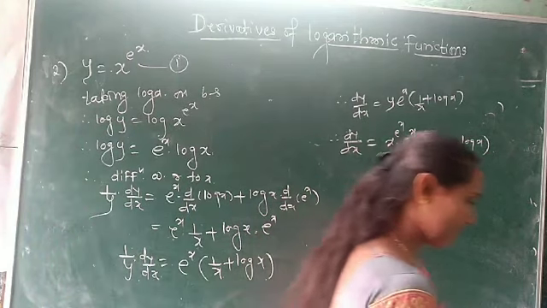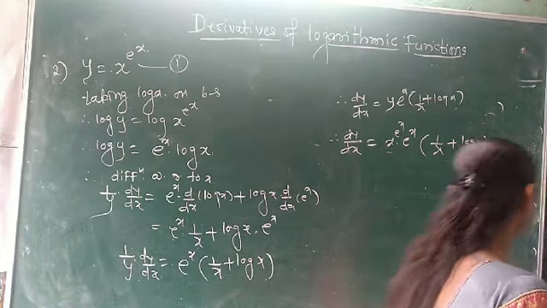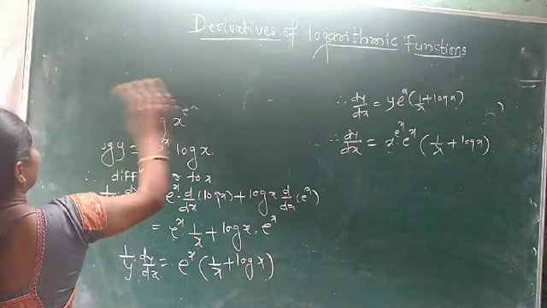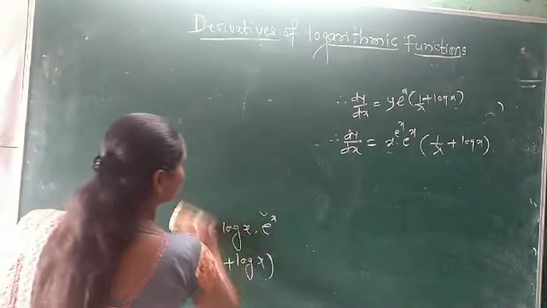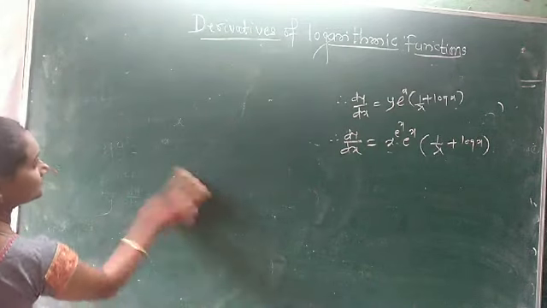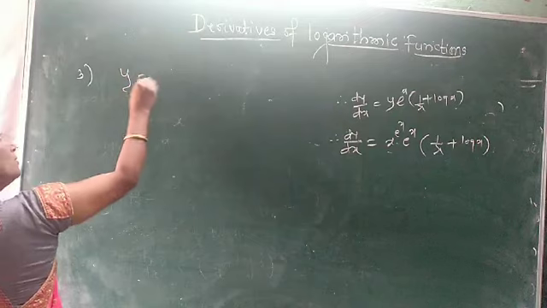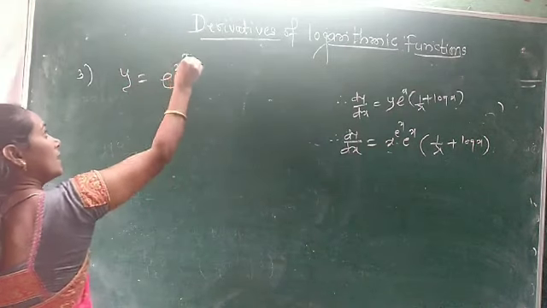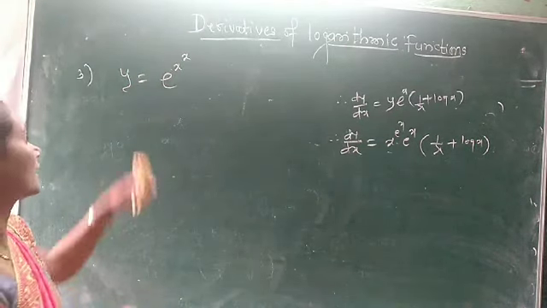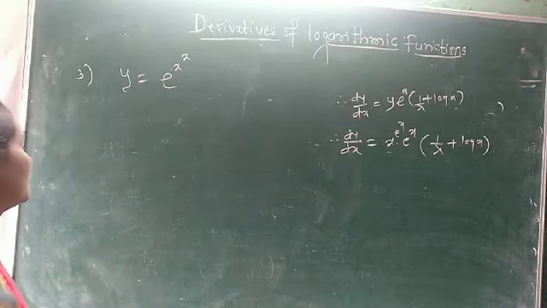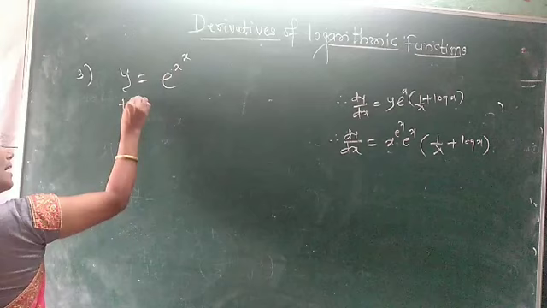Now second example is there, y is equal to e raised to x raised to x. Again we cannot solve this directly, so again we use the logarithmic function. So apply log.